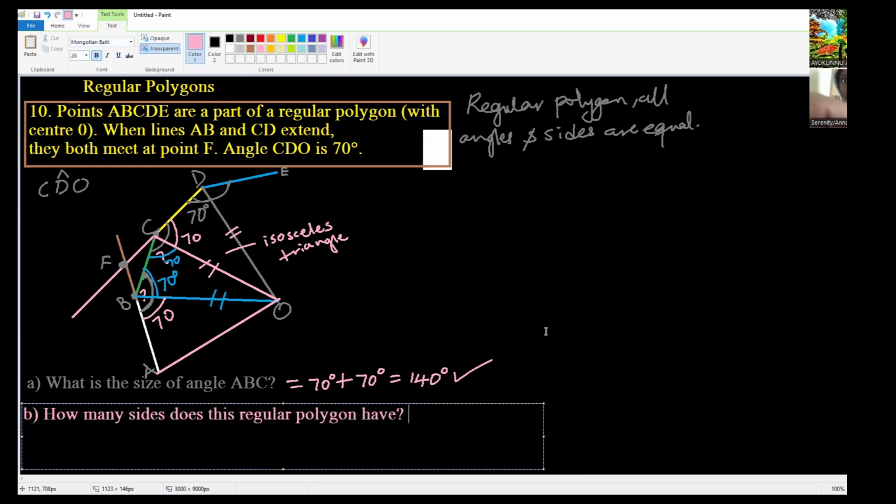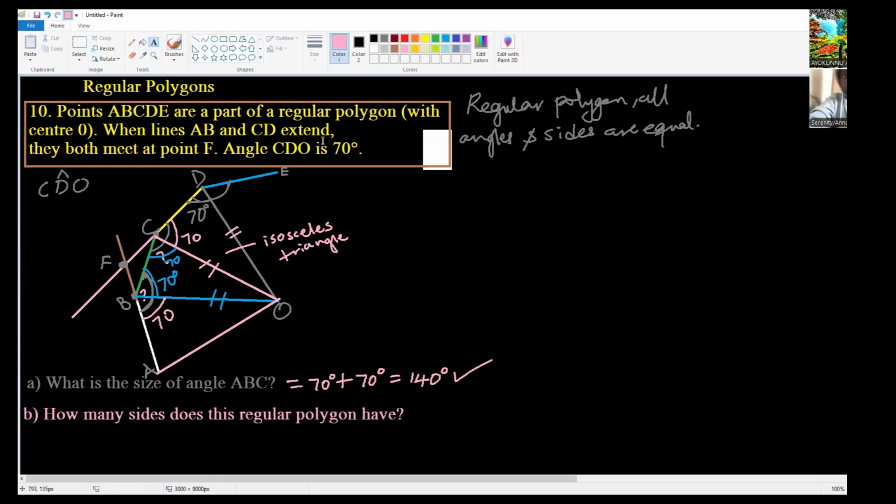That's the next question. Now, to get the number of sides that it has, we should know that the sum of its exterior angle is 360, because the sum of exterior angles of any polygon is 360.